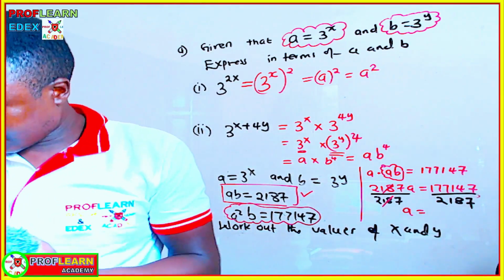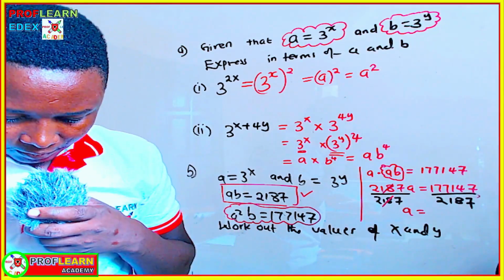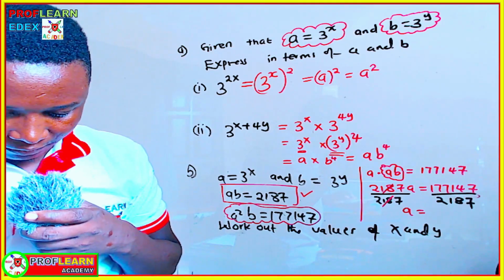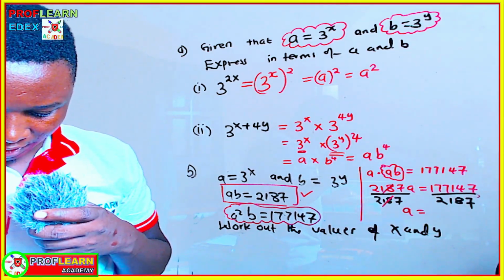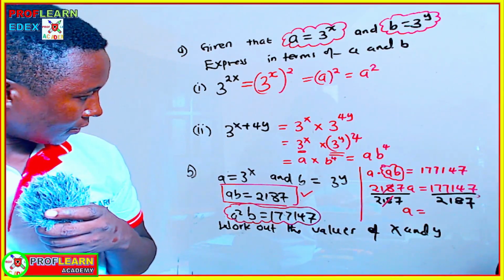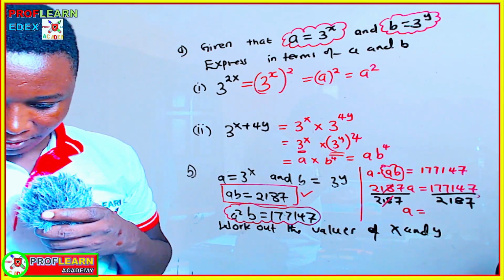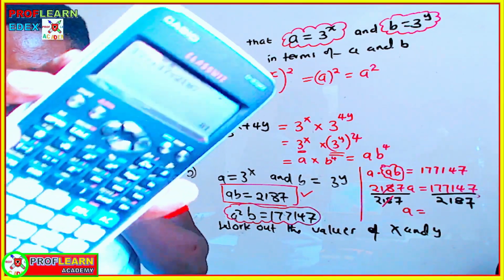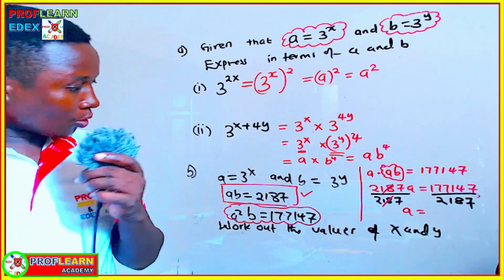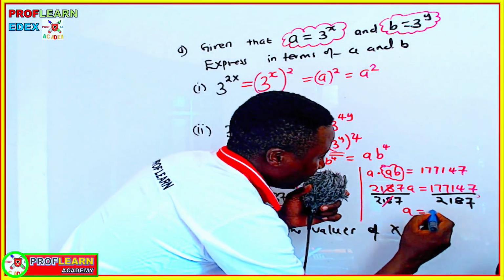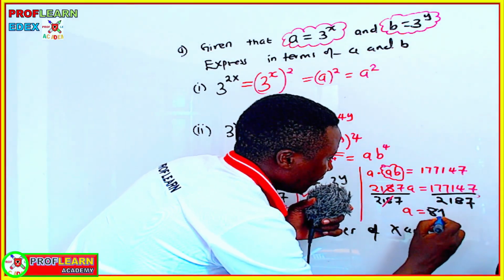If we use our calculator, we have 177147 divided by 2187. If we put that in our calculator, we are getting 81. So our A is actually going to be 81.